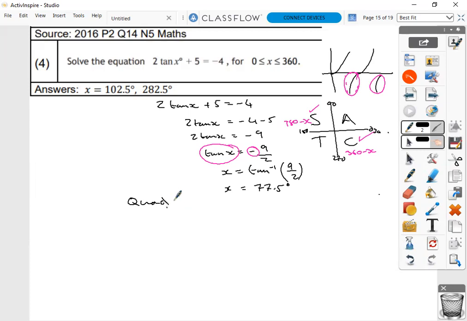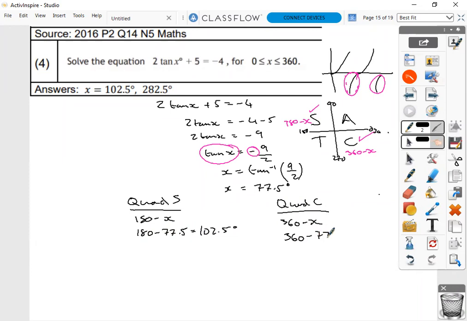Quadrant S is 180 minus whatever we find, so 180 minus 77.5 is equal to 102.5 degrees. Quadrant C is 360 minus whatever solution we've got, so 360 minus 77.5 is equal to 282.5 degrees.